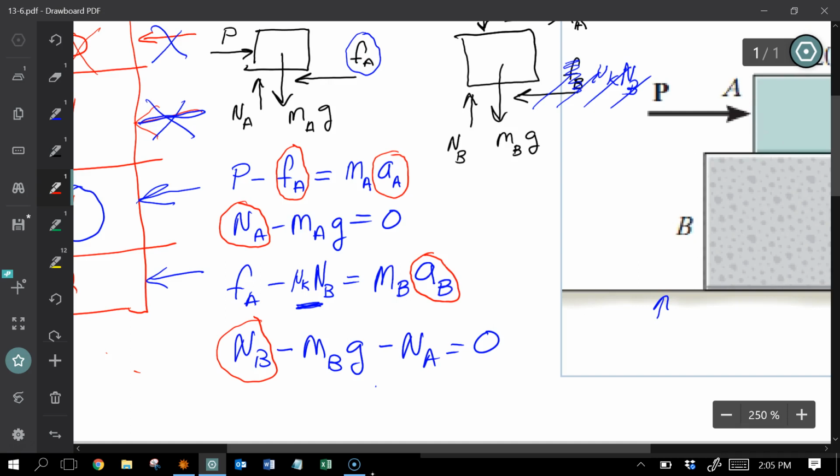But notice this term used to be an unknown. It used to be FB, and that was a circled unknown. So when they begin to slide, you no longer have that unknown constraint force. It doesn't exist anymore because it's sliding.